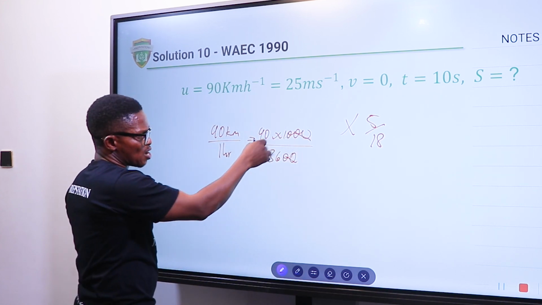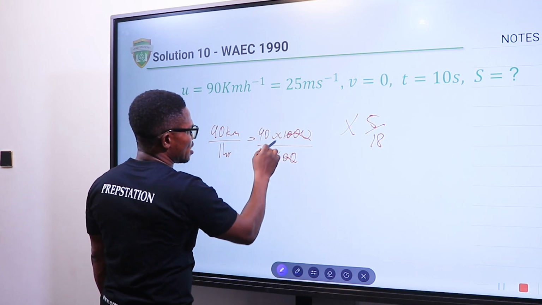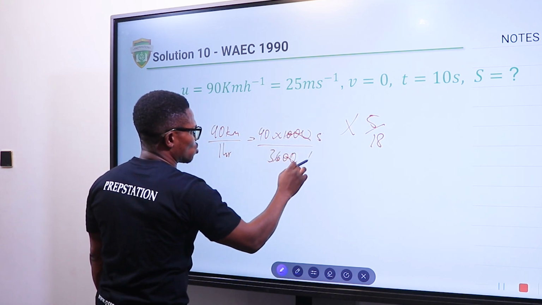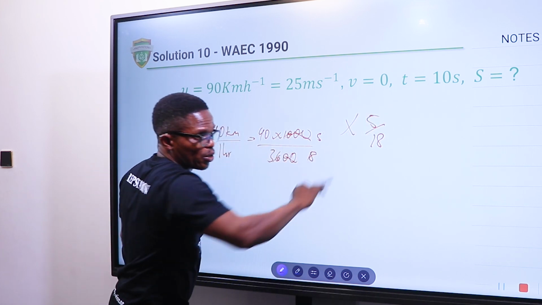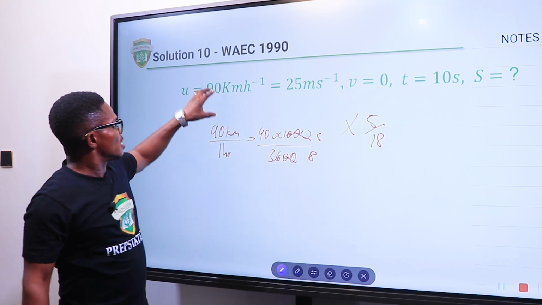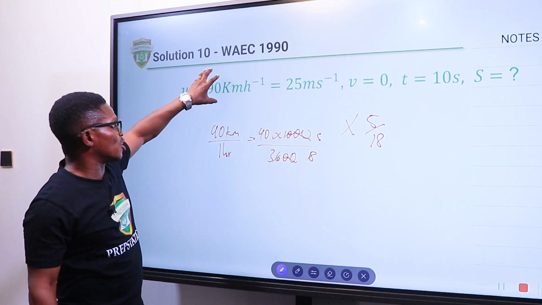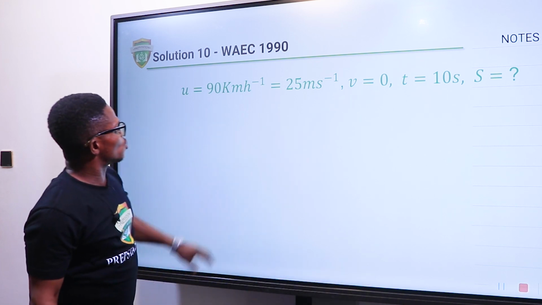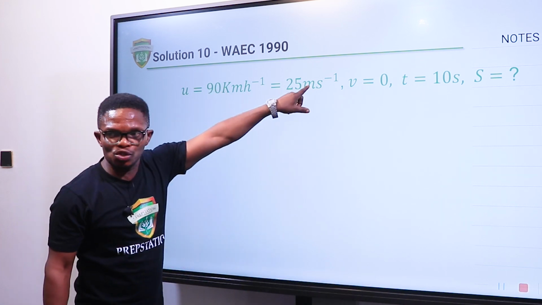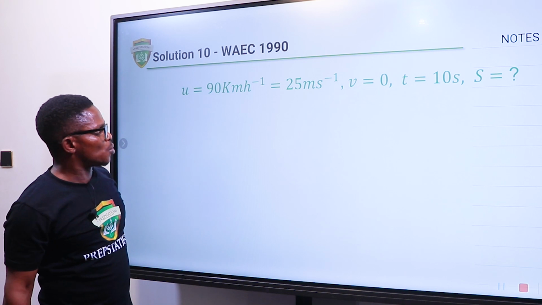Now, 2 into 10 gives 5, and 2 into 36 gives 18. So instead of wasting time, just multiply the value by 5/18. That will automatically convert 90 kilometers per hour to 25 meters per second. So don't be surprised that this changed to 25. I've just shown you how to do that.